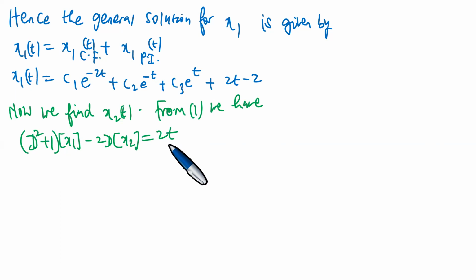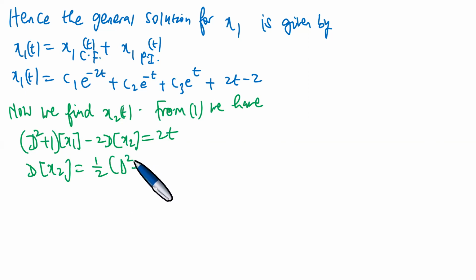But we need to now use one of the equations, these are just like simultaneous equations. So we need to use this one, but we want to solve for x2. So to solve for x2, we make dx2 the subject of this equation. And making dx2 the subject, we have dx2 equal to 1/2 (d squared plus 1) x1, then this one goes to the other side, and this is minus that.